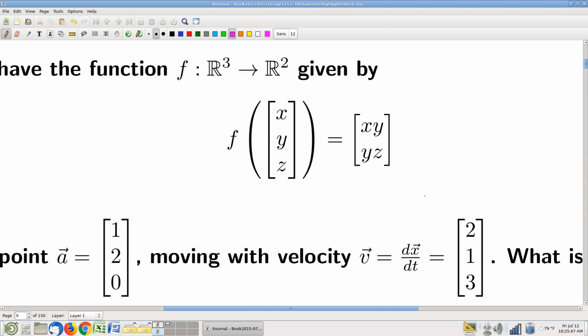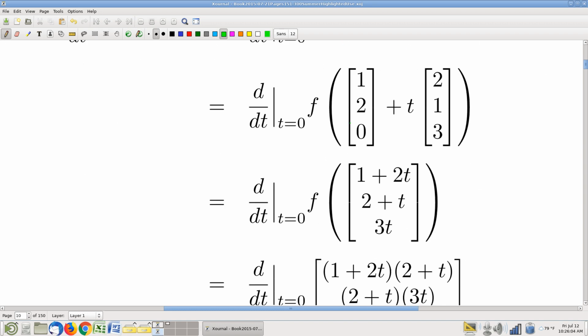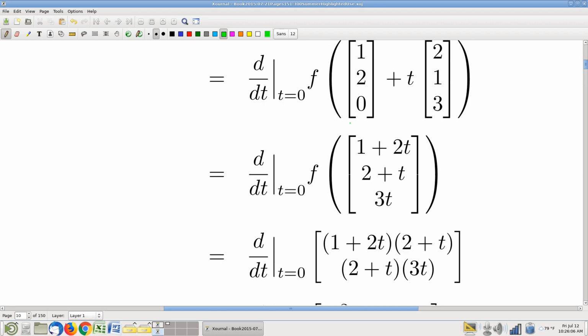Okay, wait a second. What was our function? The function f is xy comma yz. Okay, now keep that in mind. Xy, excuse me, I said it wrong. xy comma yz. xy comma yz. Okay, here we go. So x, y.